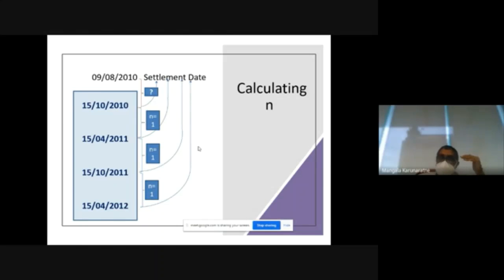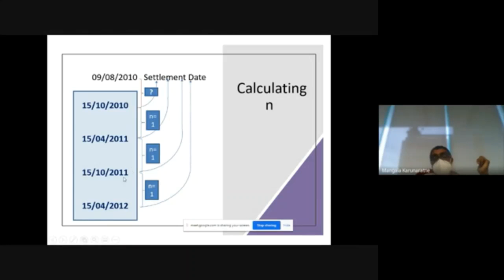We bring them to 9/8/2010 to calculate their value today. Their value today means the present value of future cash flows. So one is coming from 15/4/2012, that is the furthest one.